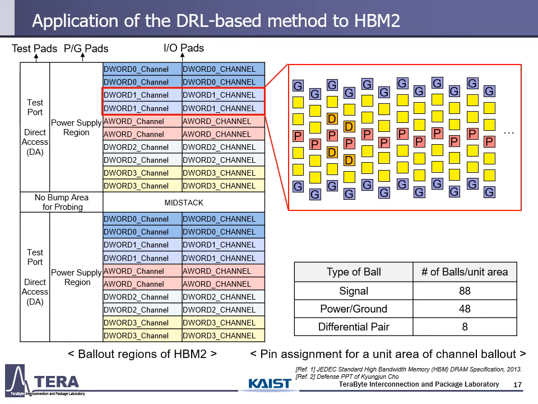And we apply our proposed algorithm to the HBM2 ballouts. The top right is the ball arrangement of the actual pins in the HBM2, which consists of 88 signal pins, 48 power ground pins, and 8 differential pins. And we assume that the 8 differential pins are fixed, predetermined.